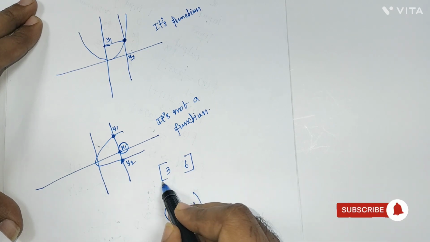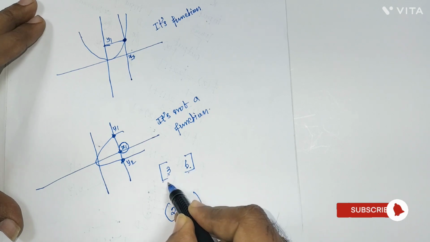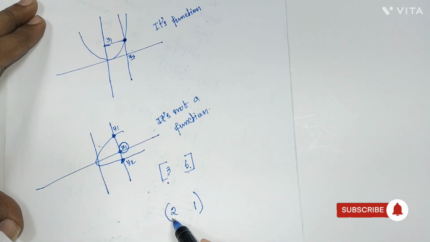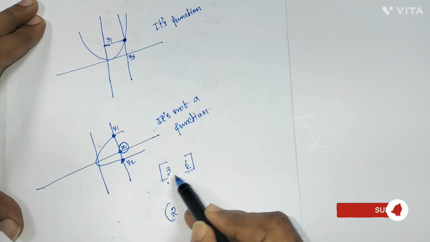If I write in a closed bracket 3 to 6, now this 3 and 6 are included. If we write in open bracket 2 to 1, now this 2 and this 1 are not included. Open bracket means the 2 points are not included. Closed bracket means these 2 points are included.